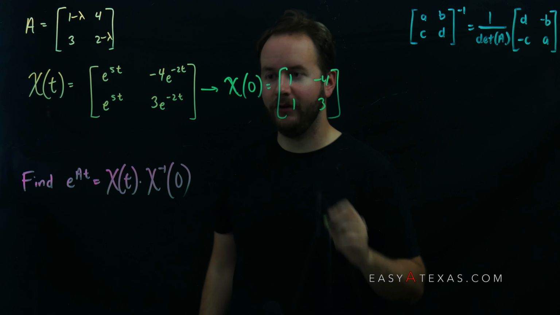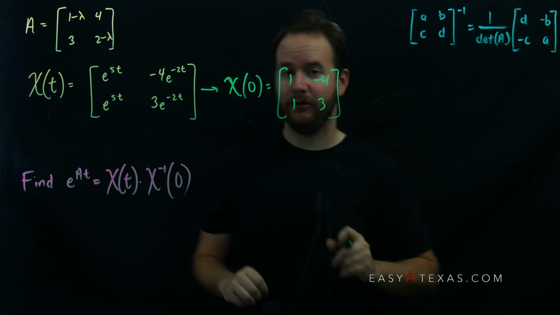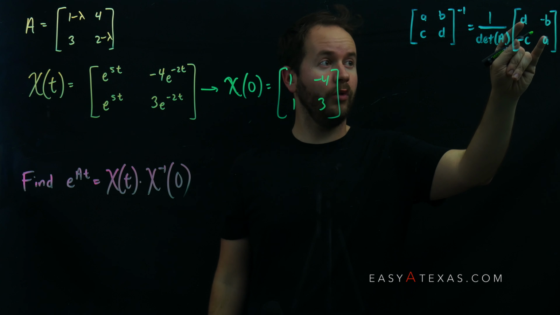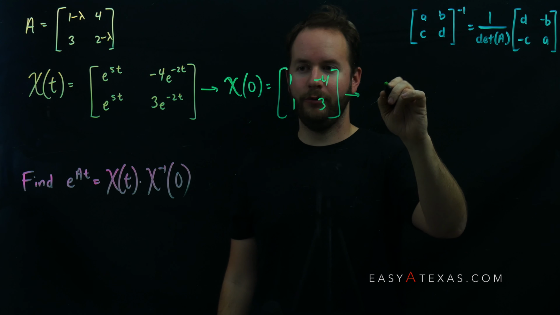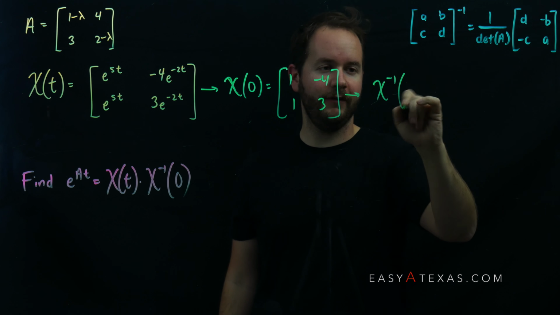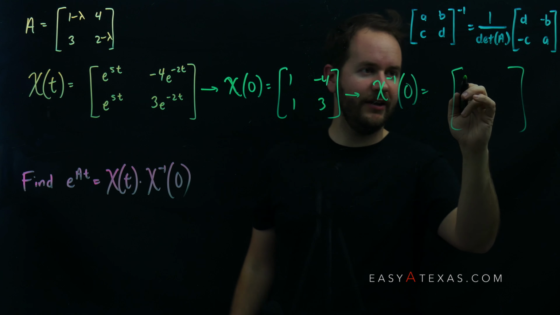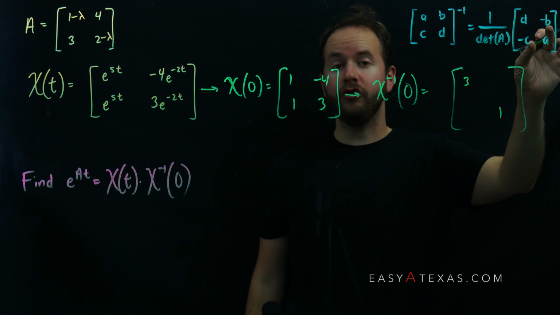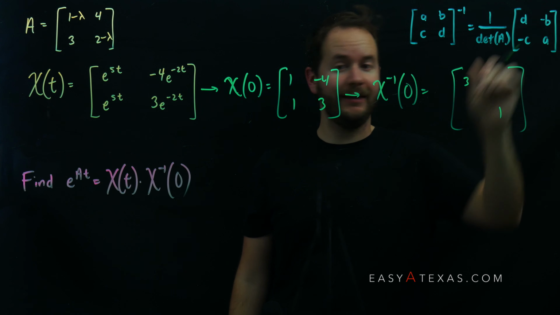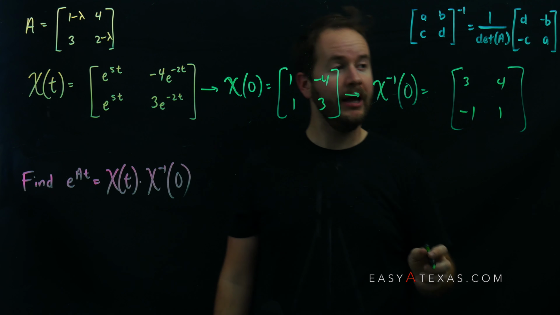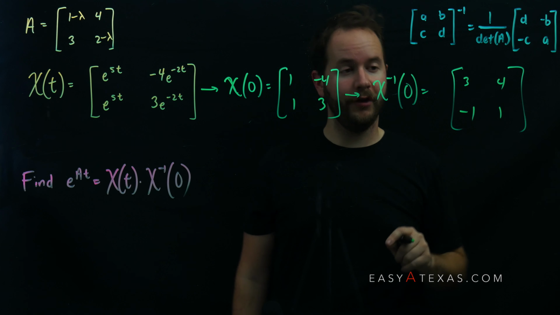So this is chi of 0, but I need to take the inverse of this matrix. So the inverse of a 2 by 2 uses this quick formula here. You swap the a and d values, so we'll say that chi inverse of 0 equals, swapping 1 and 3 gives me 3 and 1, and then we don't swap the off-diagonal elements, we just negate them. So -4 becomes +4, while +1 becomes -1, and then we have to make sure to multiply by 1 over the determinant out here.